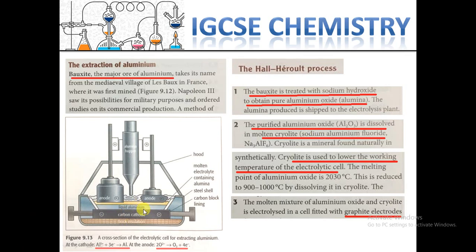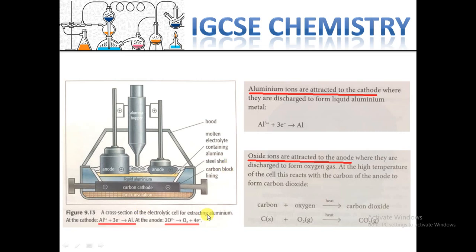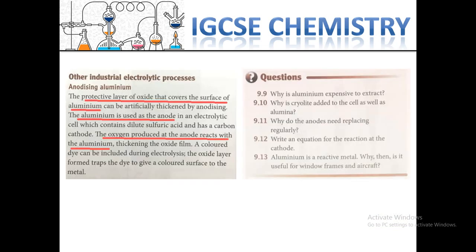Aluminium here is attracted to the cathode, but the oxygen, the rest of the compound, is attracted to the anode. It reacts with the anode to produce carbon dioxide. Carbon dioxide is a gas and can be released from the cell.